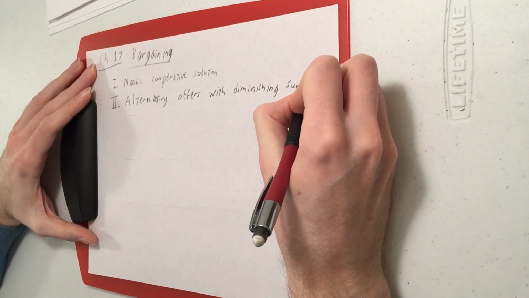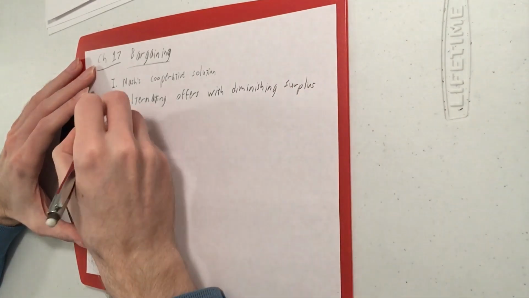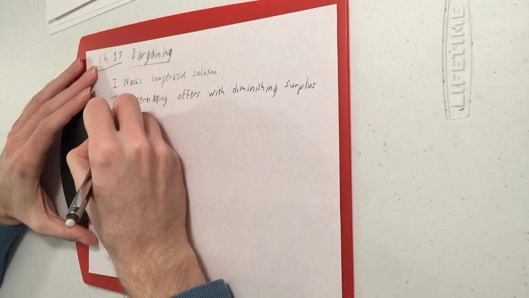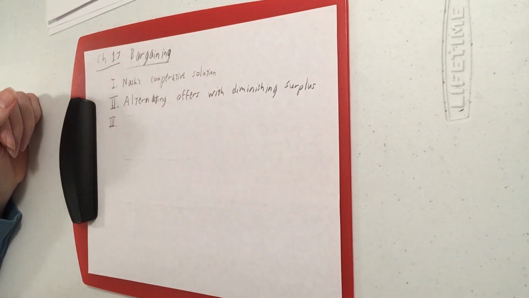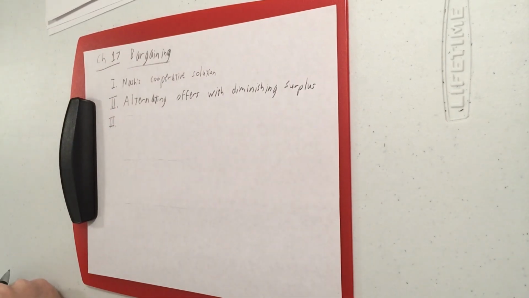So as the negotiations between the company and the union drag on, then the benefits of getting a deal diminish because by then the factory has been idle for several months, and that's already cut into the firm's profits.